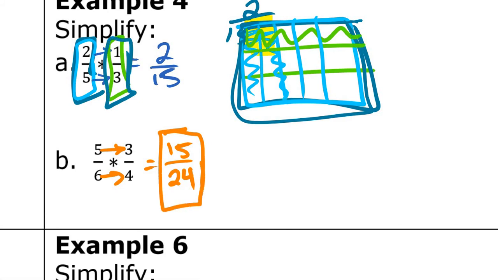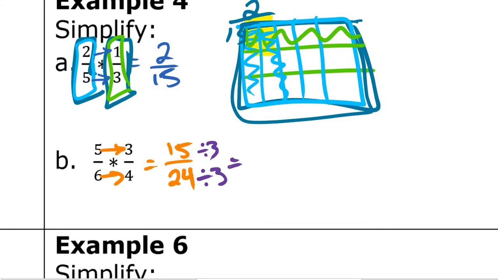So we're going to reduce. Can you please identify what the common factor is, the greatest common factor? Another way of asking that is, what can they both be divided by? You should have said 3. 15 divided by 3 is 5. 24 divided by 3 is 8. 5/8.